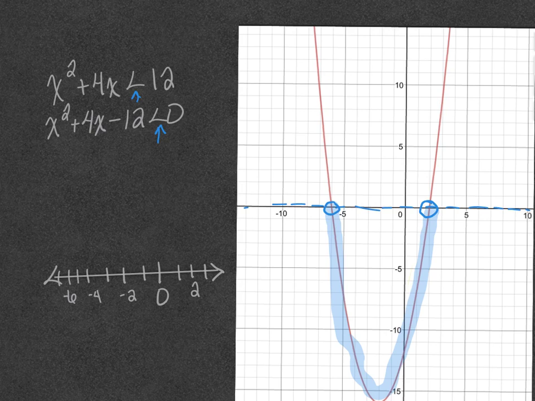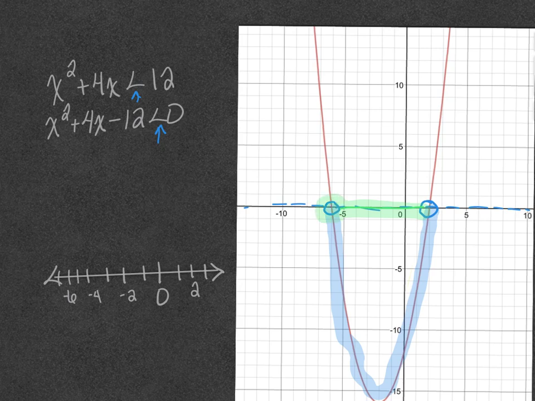Now, the next thing to think about is that we are only talking about the x values. It's like domain. We're not worried about the y values. So we are only looking at these x values right here. The first circle is at -6.